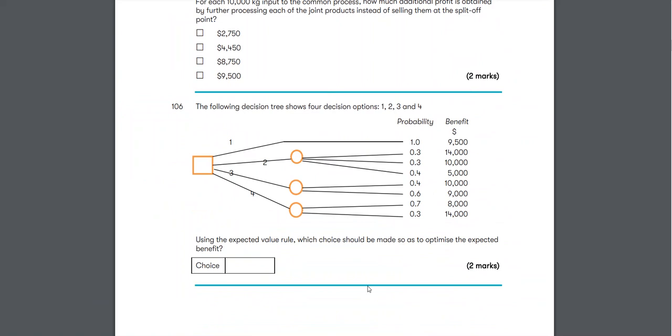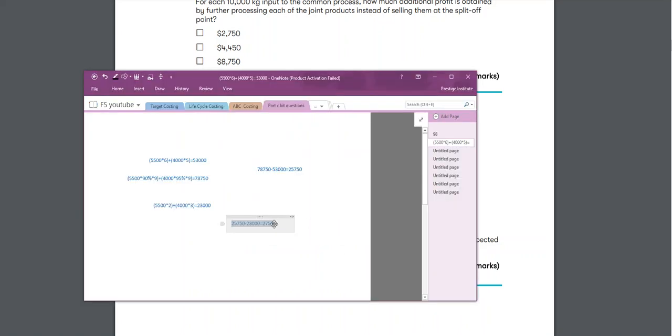Okay, using the expected values, which choice should be made so as to optimize the expected benefit? Okay, so remember, tree is made from left to right, but decisions are made from right to left. So the expected value of this decision is 950 because there's only one outcome. Let's look at the expected values of others.